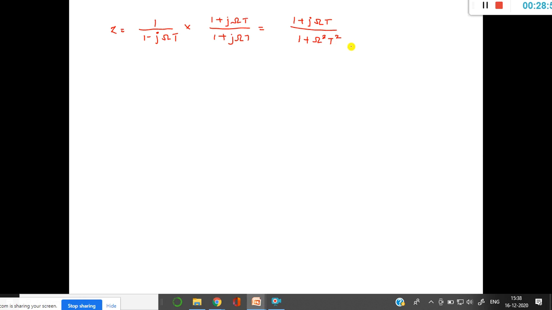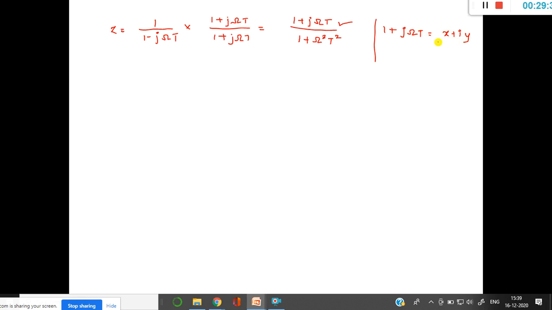Look at this, in the numerator I have a j term, which is in the form of x plus iy.